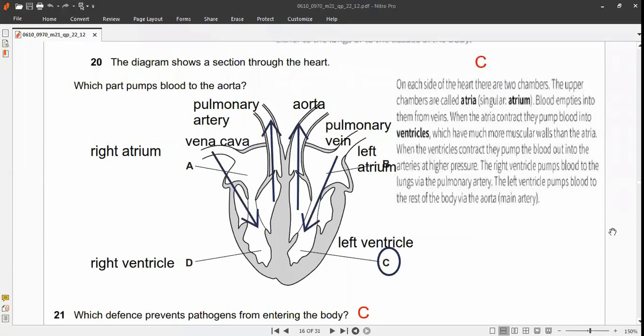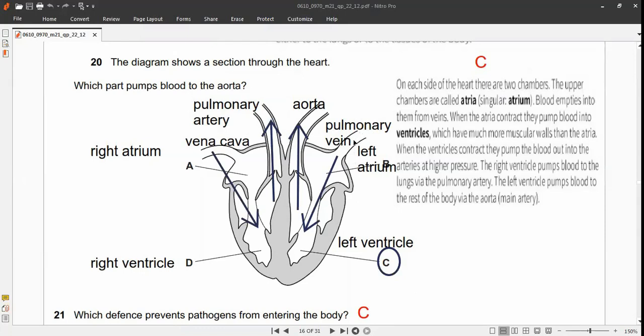Number 20. The diagram shows a section through the heart. Which part pumps blood to the aorta? Yes, the correct answer is C, left ventricle, through the aorta. On each side of the heart, there are two chambers. The upper chambers are called atria. Blood empties into them from veins.